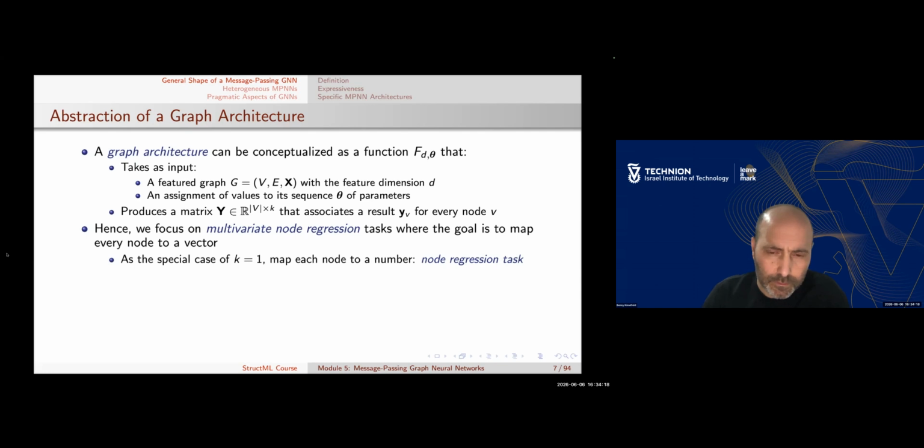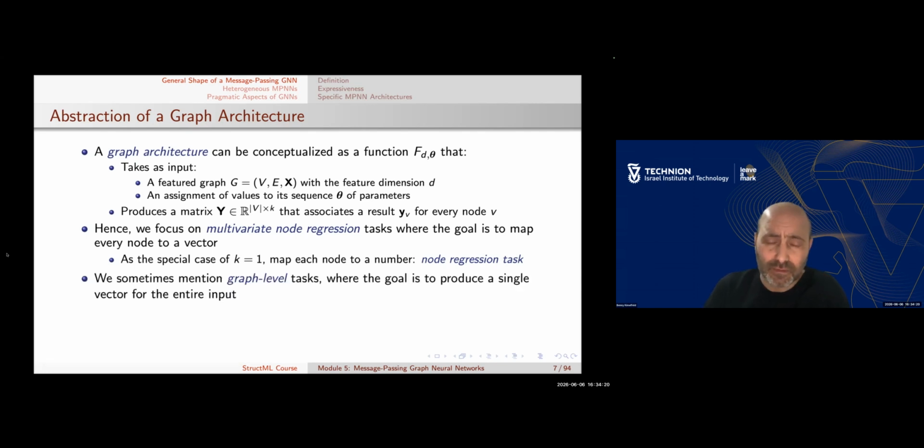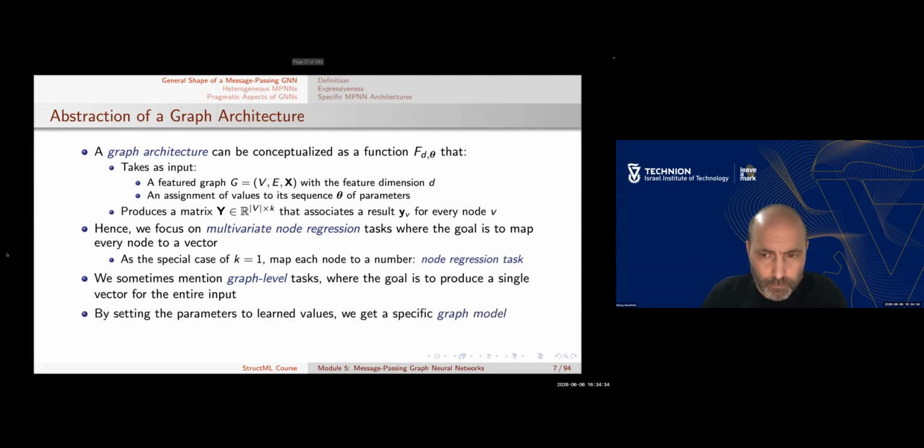You can look at other tasks, the graph level tasks, which are different, but we'll mainly focus on node level multivariate regression tasks. Of course, the case of k equals 1 is standard node regression.